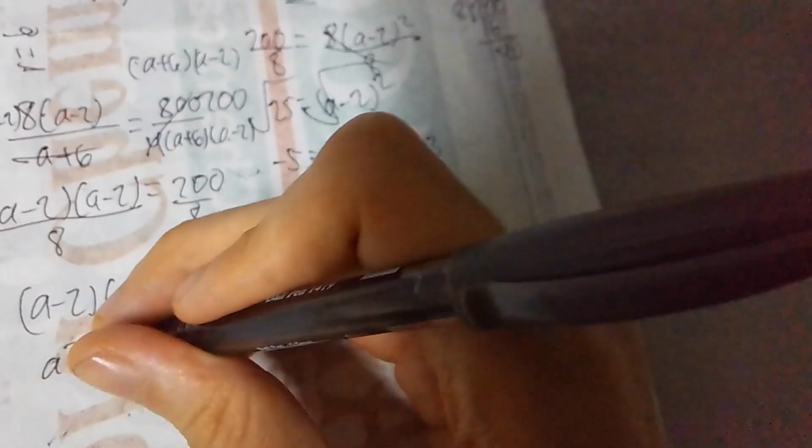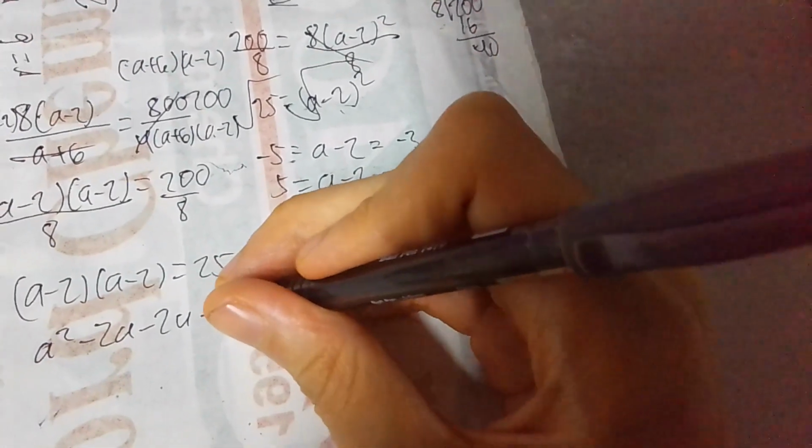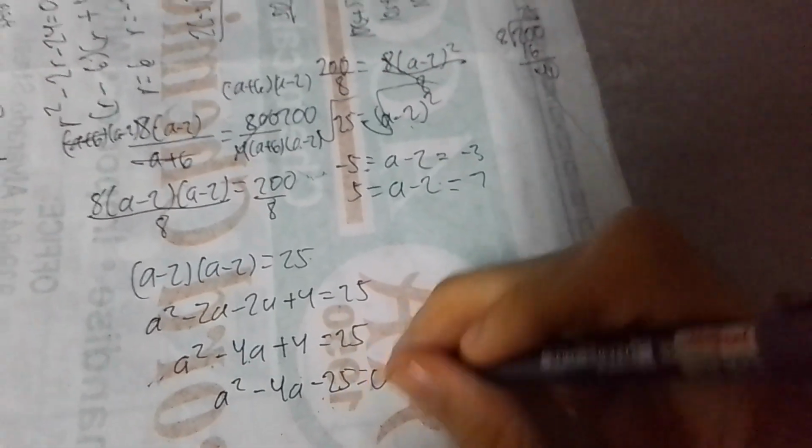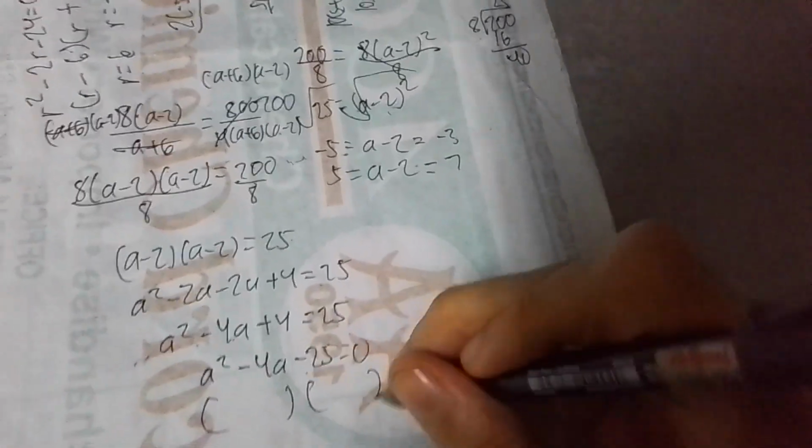And then you can also apply this formula: a squared minus 4a plus 4 equals 25. Then you can shift 25 to the other side, which gives you a squared minus 4a minus 21 equals 0. Then apply the quadratic equation.